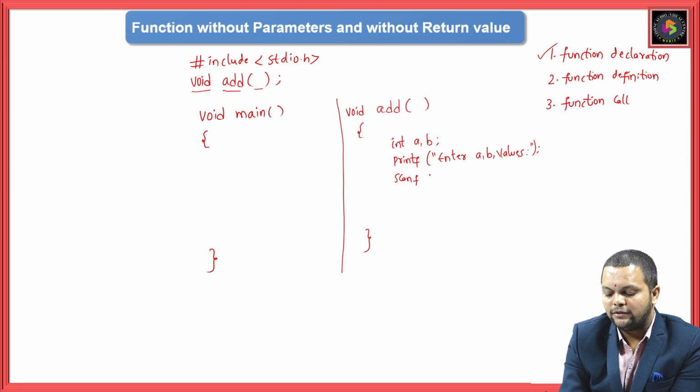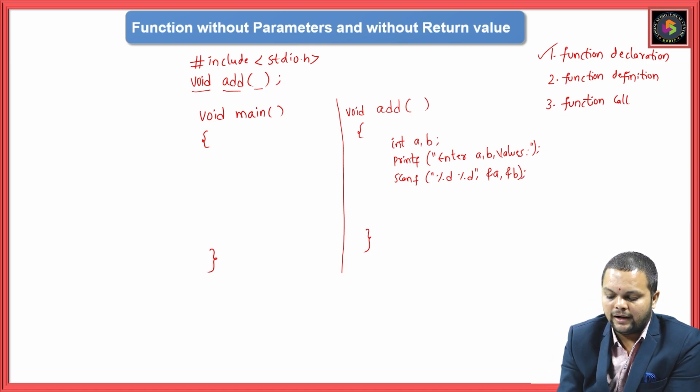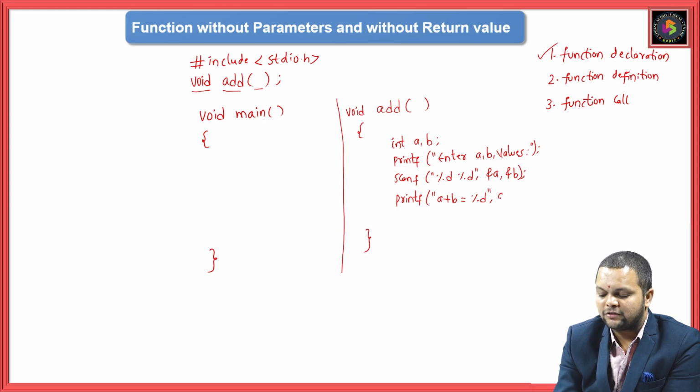So I'll read the values from the user: first %d, second %d, &a, &b. So I'm taking two values now, one is a and second is b. Then I'll say printf a plus b equal to %d. In place of %d, I need the value of a plus b.